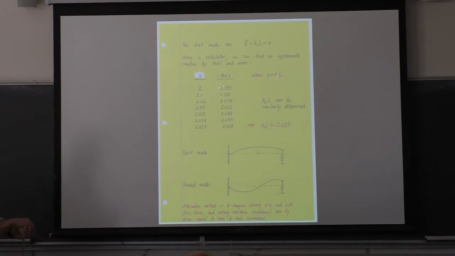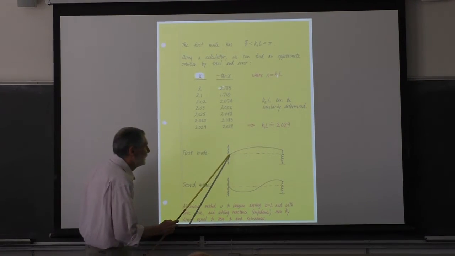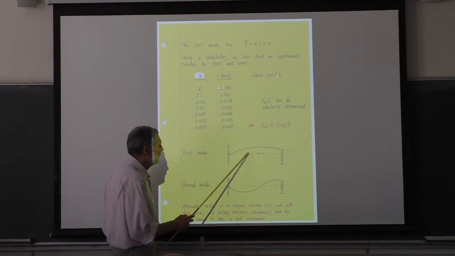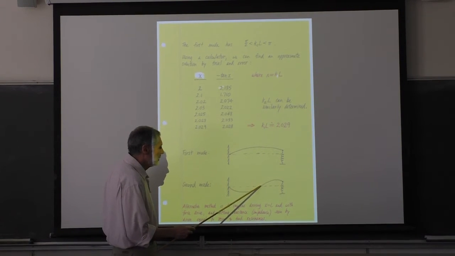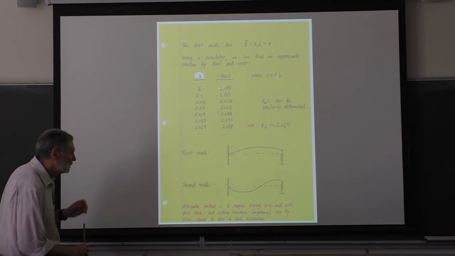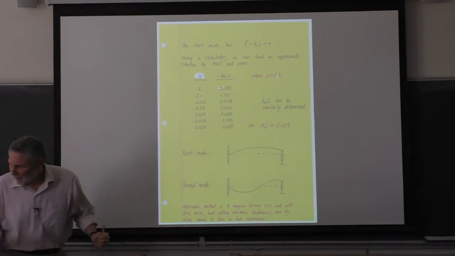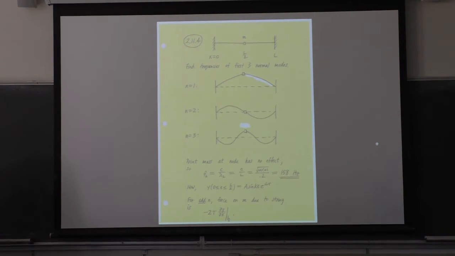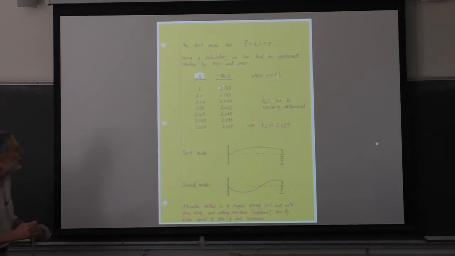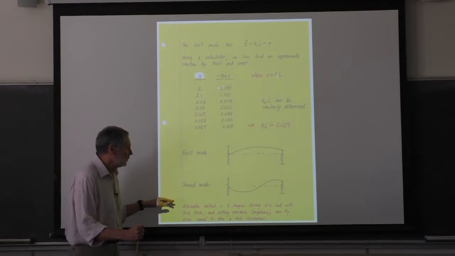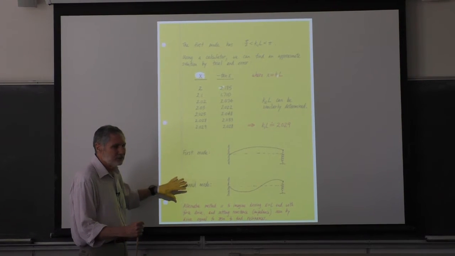So it's going to look something like that. The second mode will have an interior node somewhere, and it'll look like this. That's what we're going to do for this problem.